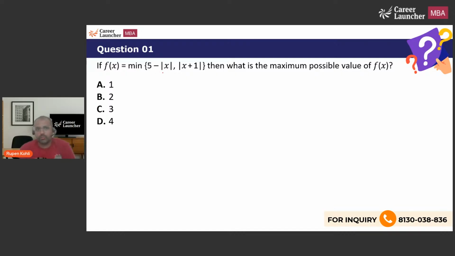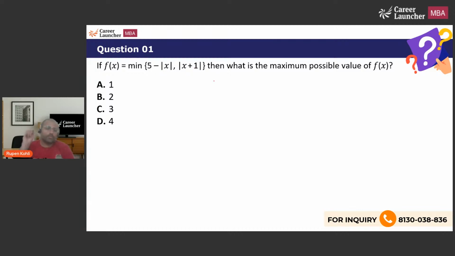So these are two separate functions in themselves. One is 5 minus mod x, one is mod x plus 1. So whichever takes the least value amongst them, that is the value of the function. It means the output of this function is dependent on the outputs from these two values.